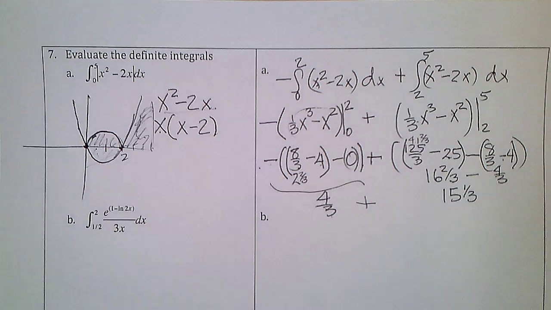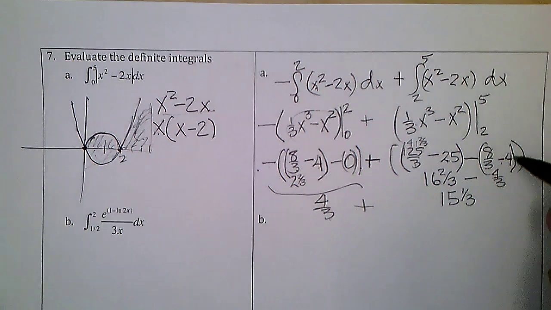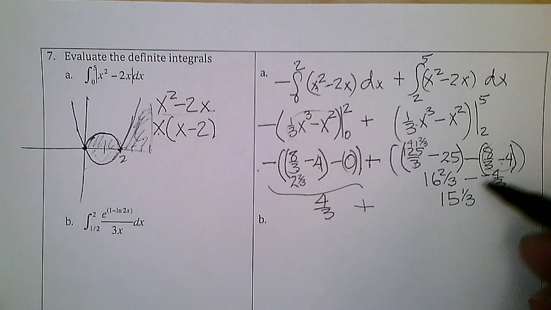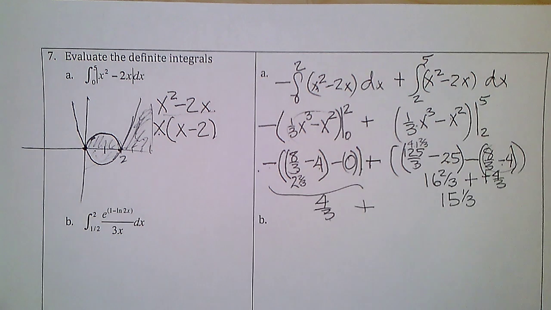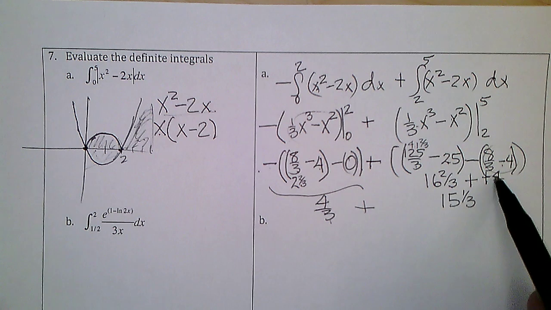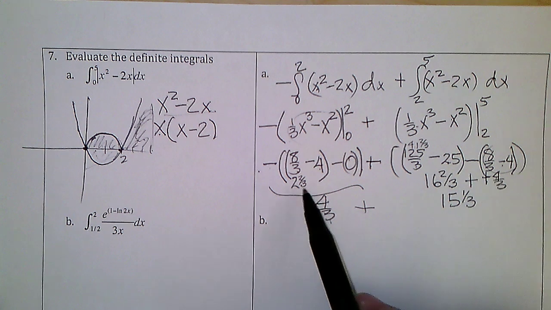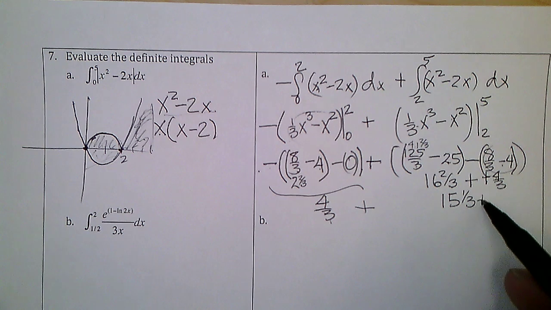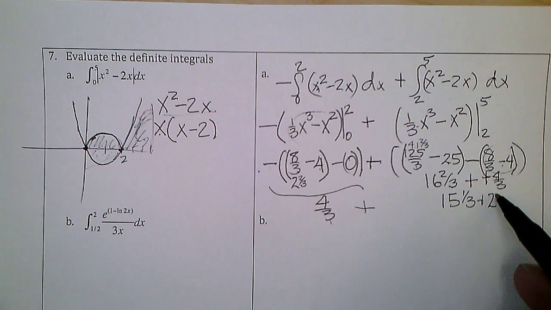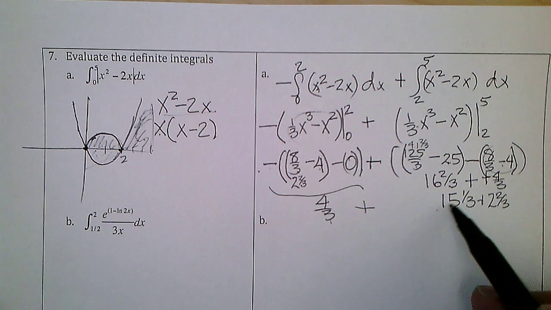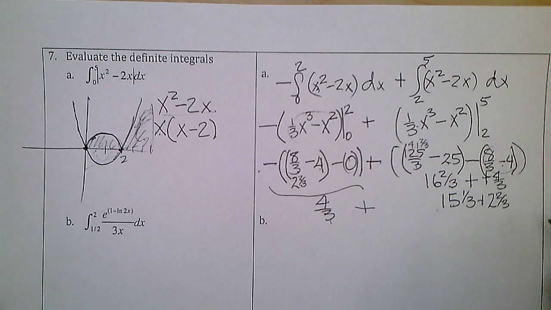So wait a minute, I messed up a sign here, I think. This would be minus 4/3, and so minus and minus is plus. So we got 4/3 plus 4/3, 8/3. 8/3 is 2 1/3.